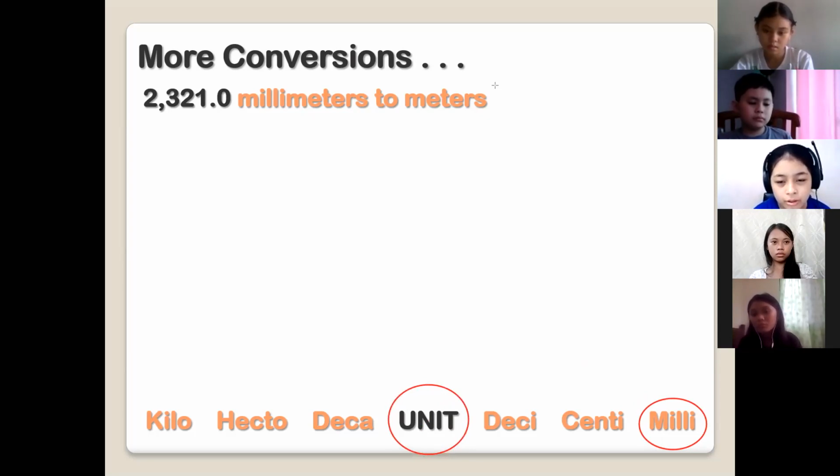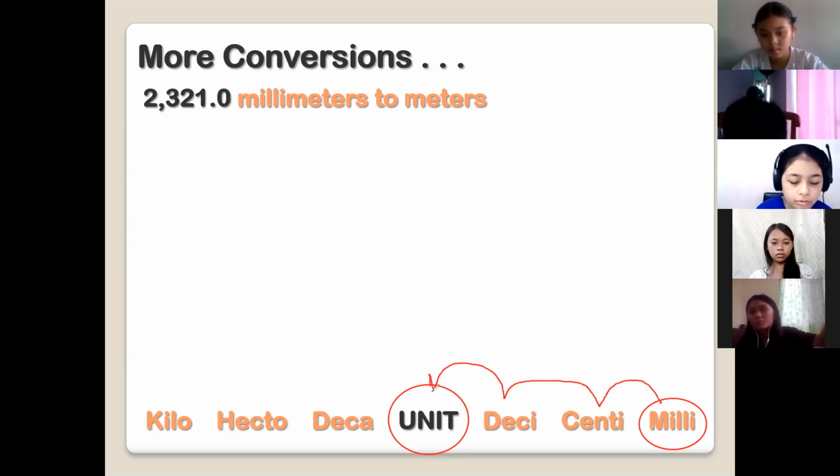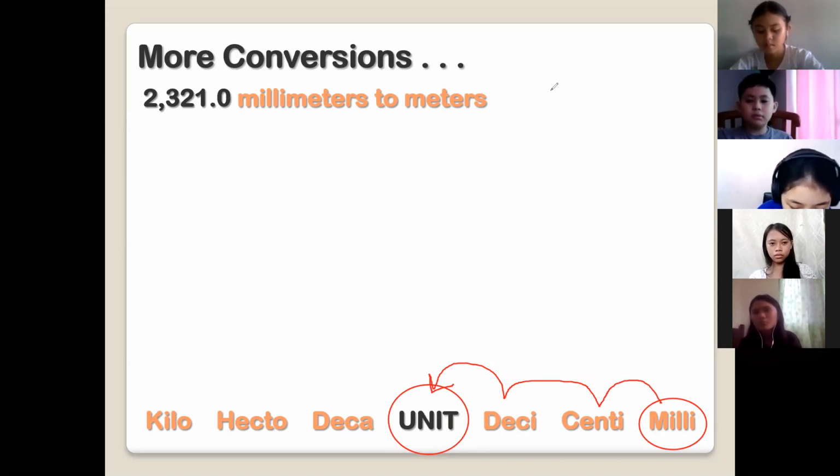So if you count the number of steps from the given to the target, we have 1, 2, 3. 3 steps going to the left. So that is also the direction and the number of times you're going to move your decimal point. Move it to the left. Okay. So we'll wait for Chloe to give us an answer.